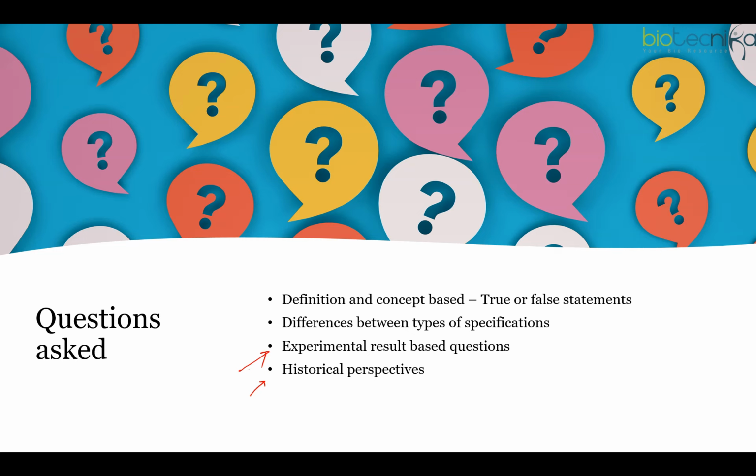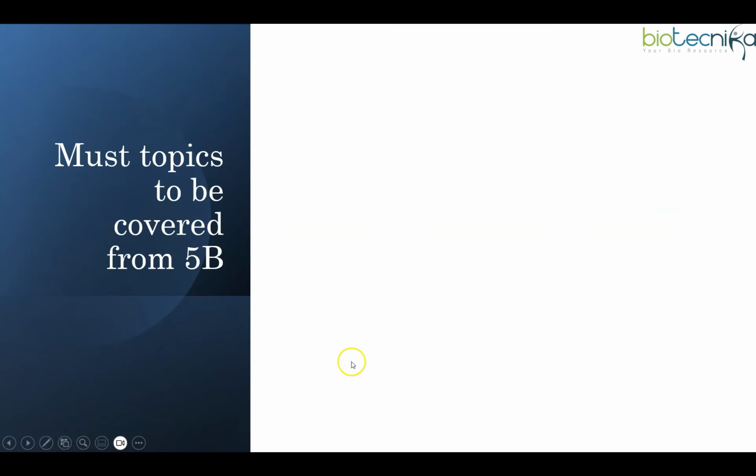Maybe they will give you a different scenario, the experiment will have a little different kind of setting, and that's why you have to look at every experiment based question or historical based question from a fresh mind, keeping your concepts in the background. Okay, so probably they are asking, this is your experiment, what will be the result? Now if you are taking some standard experiment and pasting the results over there, then you're not going to get the right answer. This is where students will go wrong, and you have to practice it like that.